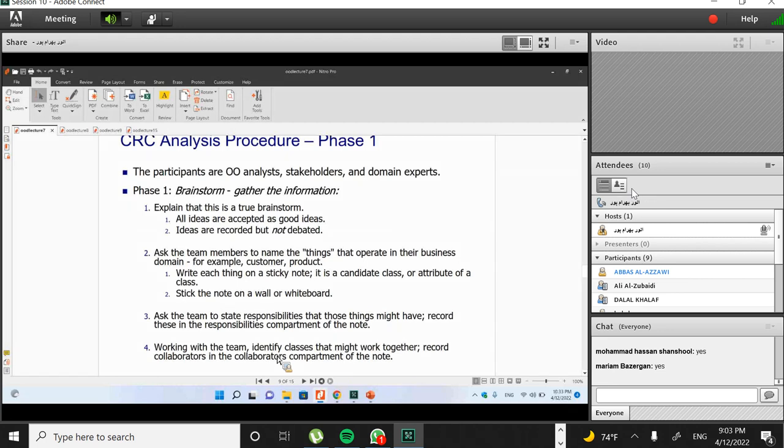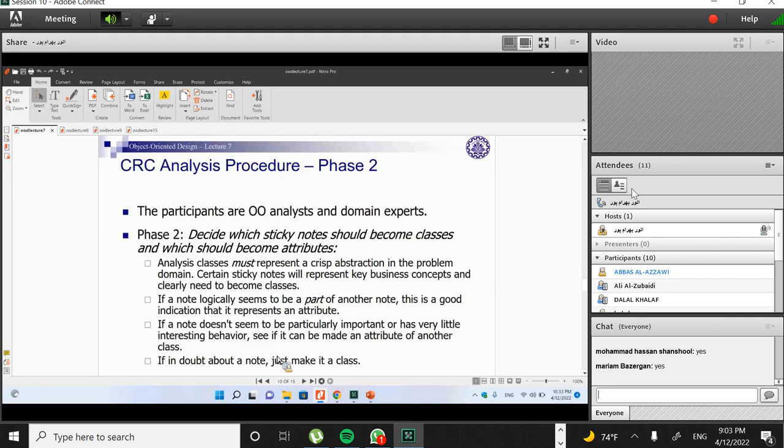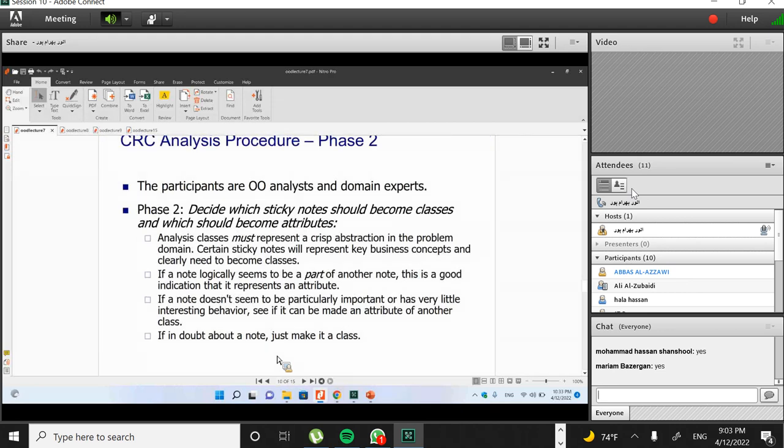The first phase, as I told, is the brainstorm phase. In the second phase, the participants are just object-oriented analysts and domain experts, but not other stakeholders of the project.